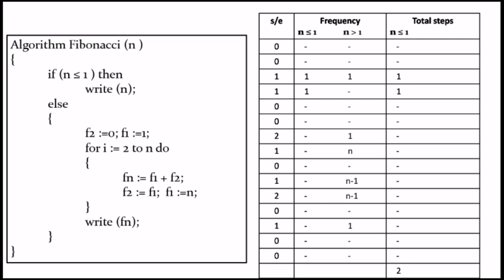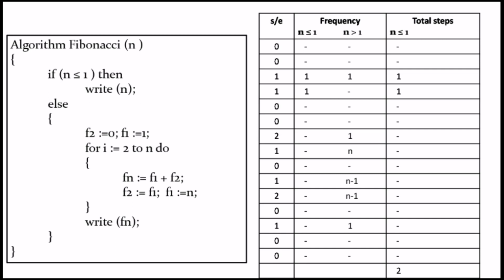We are trying to find whether n is less than 1, which is false, but we are executing that statement, that means frequency will be 1. Next line, because the condition is false, we are not executing the write n statement, so frequency will remain 0. Then else will also be considered as 0, because it is just executing that statement, we are not calculating anything.